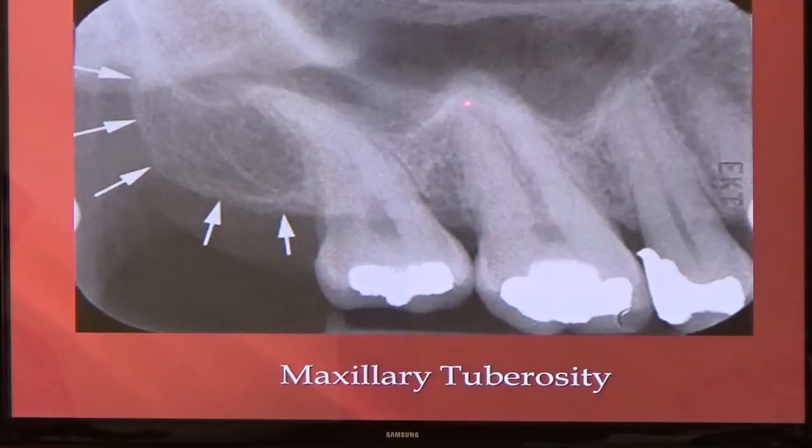When we say we're looking at the floor of the sinus, it's this thin line you can see going up and down and around the teeth. That's the maxillary sinus, this void up in here, and the tuberosity is this bump back here on your x-ray.